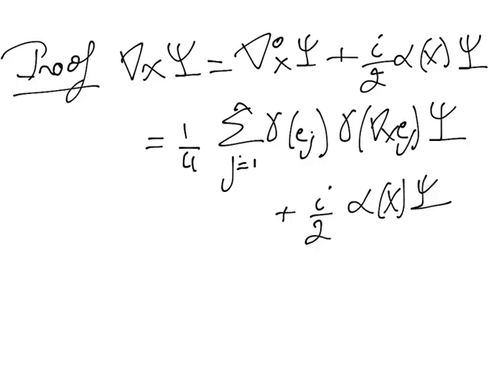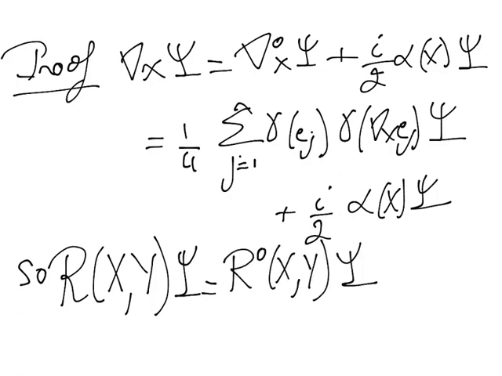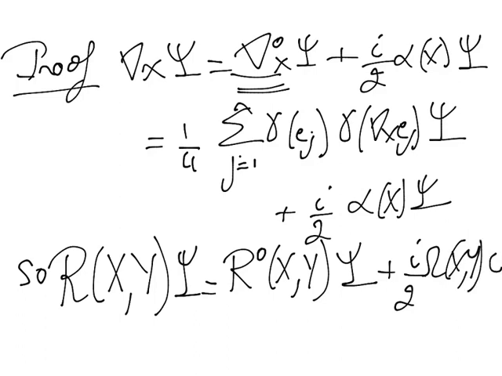We have proved this expression in the previous proposition, and now one can calculate the spinorial curvature R x y applied to psi, and this is R0 x y of psi, where R0 is the curvature associated with the connection nabla 0, plus the curvature associated with the connection i over 2 alpha, which is i over 2 omega x y of psi.